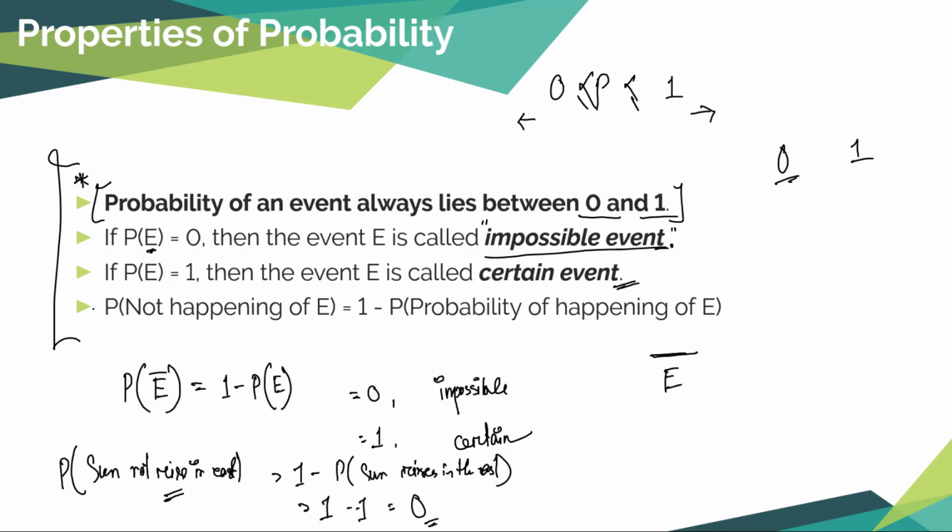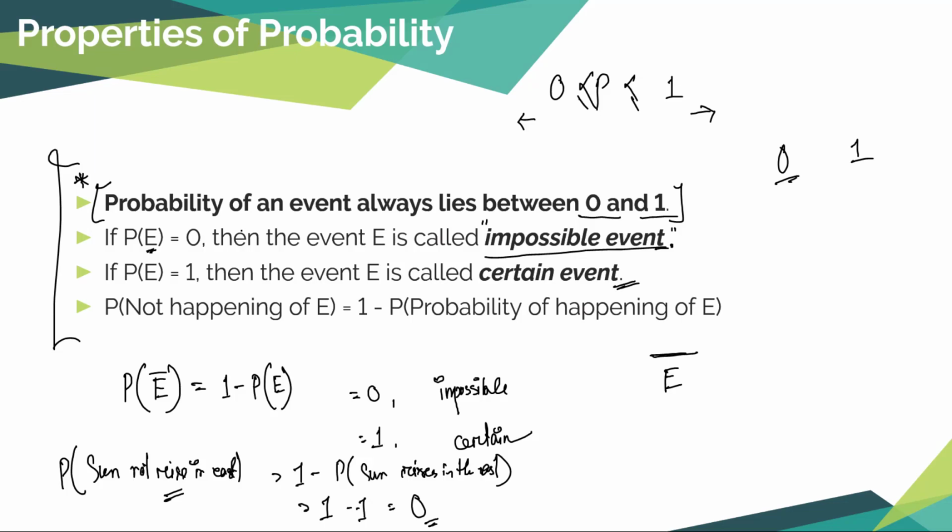There are some more properties, but these are the most important properties of probability, and you must know this. The first one is the most important, because while calculating probability there will be numericals. We will apply the formula of probability to find the probability of different events surrounding us.